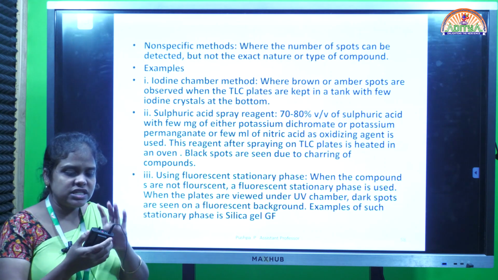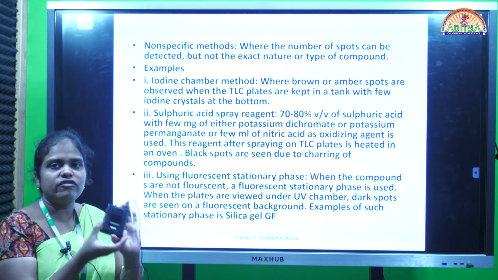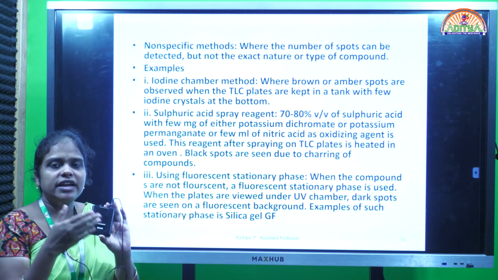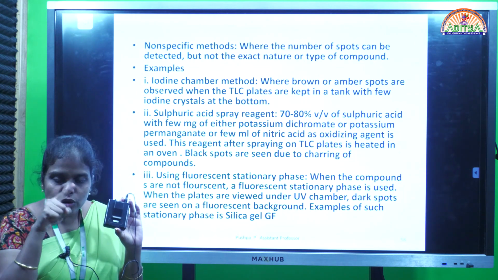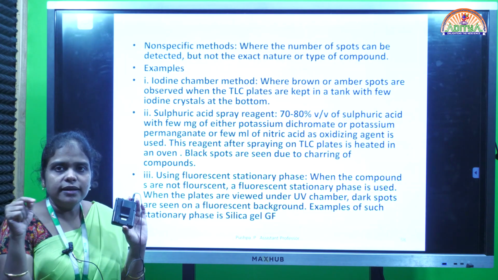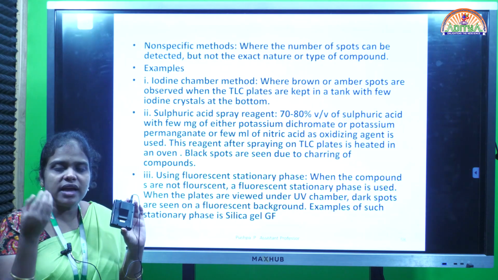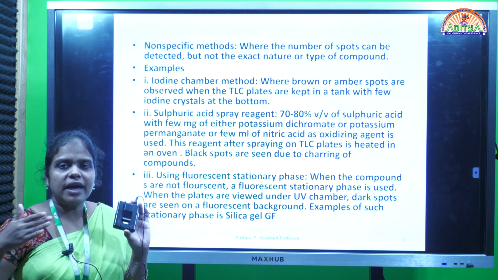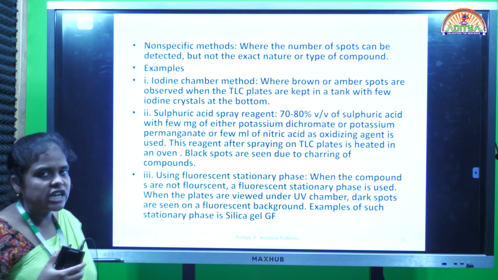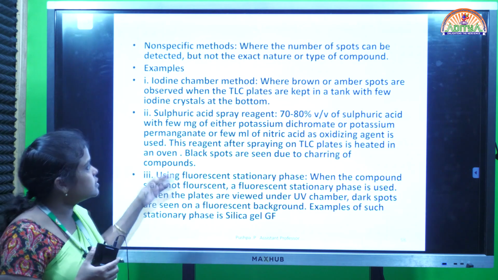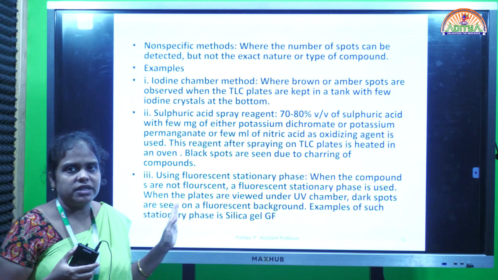By keeping those TLC plates in the UV chambers or fluorescence chambers, they will show some spots which we can see visually through the UV chamber light, and we will detect those spots, isolate them and separate them after detection through UV chambers or fluorescence chambers. These are all non-specific methods.